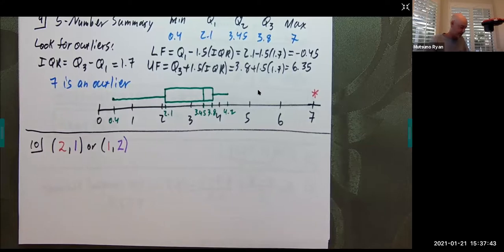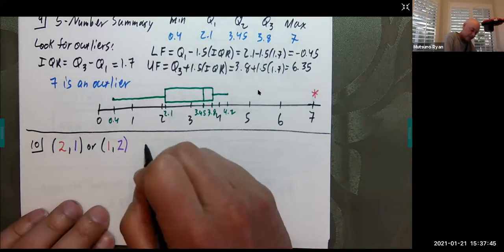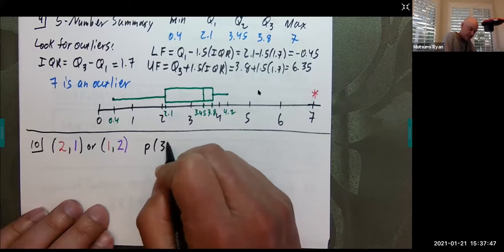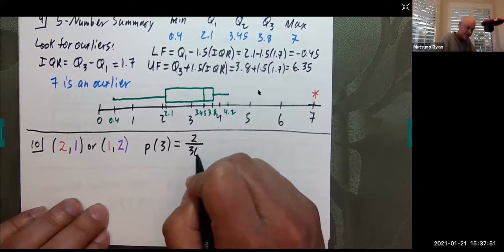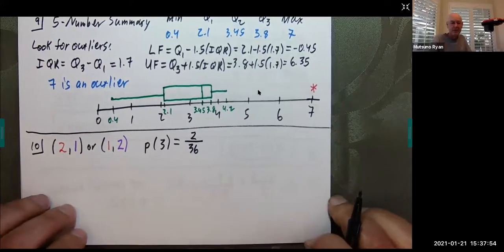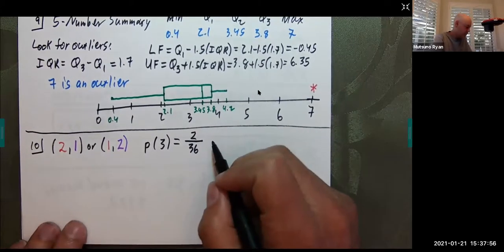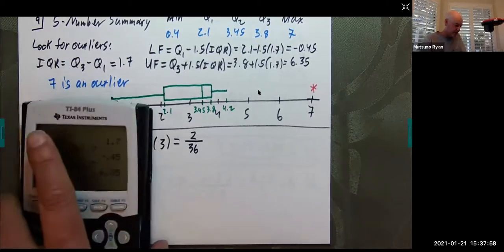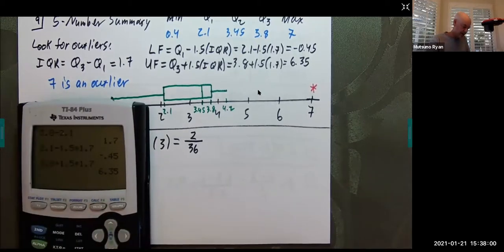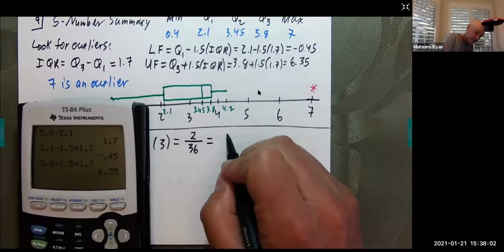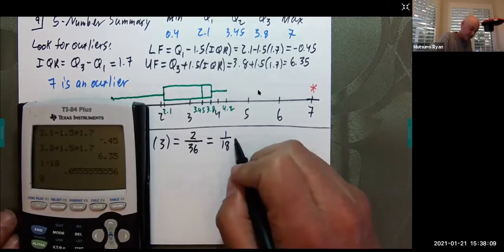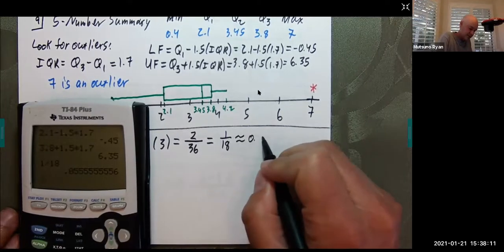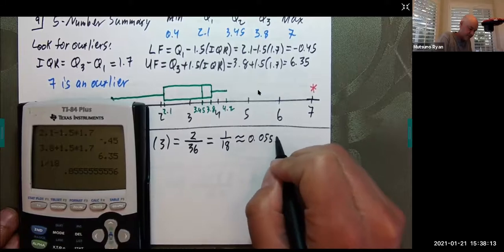How does that translate for us? Well, the probability of rolling a 3 is going to be 2 out of the 36. And they don't really tell us if they want that reduced or how they want that. I'm going to round it off. So that'd be 1 over 18. And 1 divided by 18 is about 0.0556.